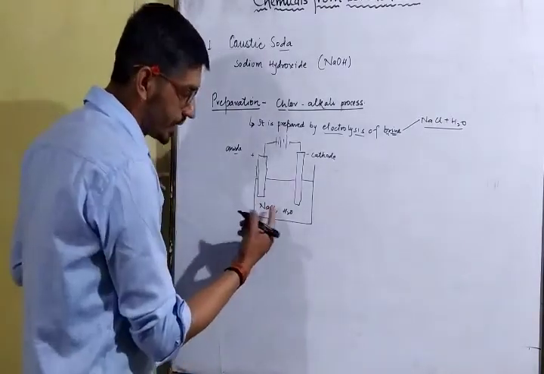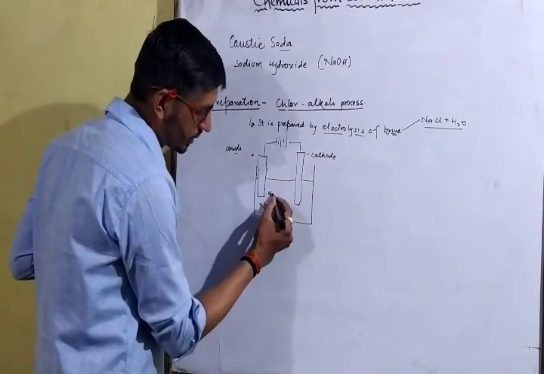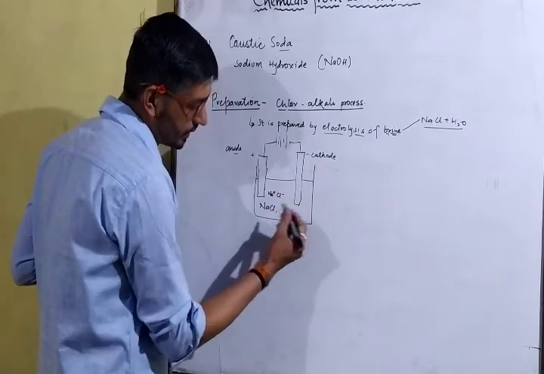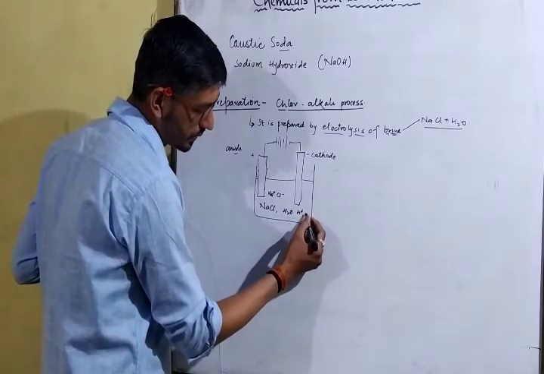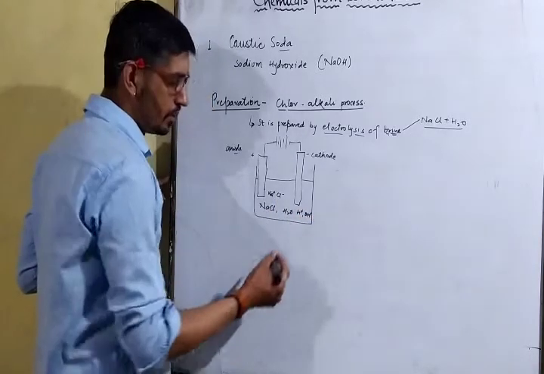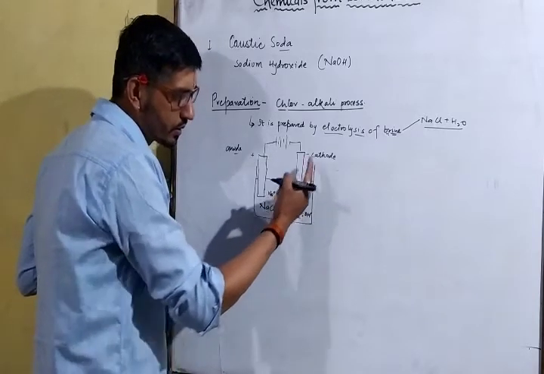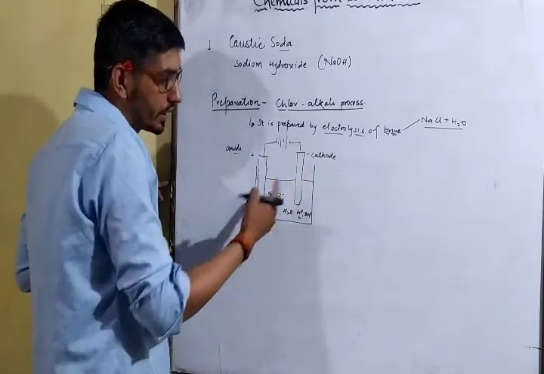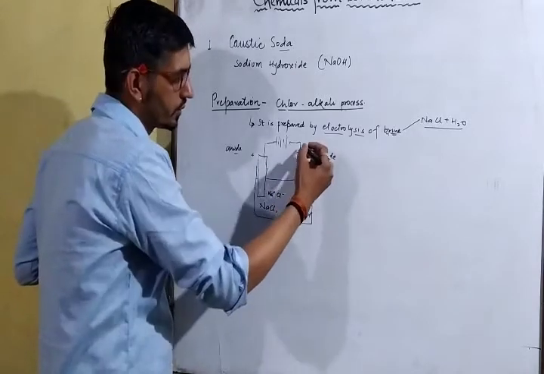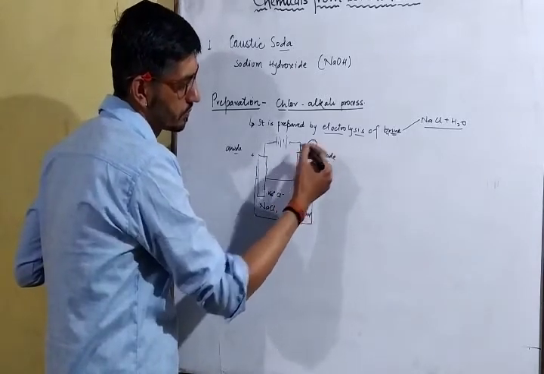NaCl will dissociate into sodium ion plus chloride ion, and H2O into hydrogen plus OH ion. Being a positive radical, hydrogen will move towards the negative electrode, that is cathode. So we can collect H2 from here.